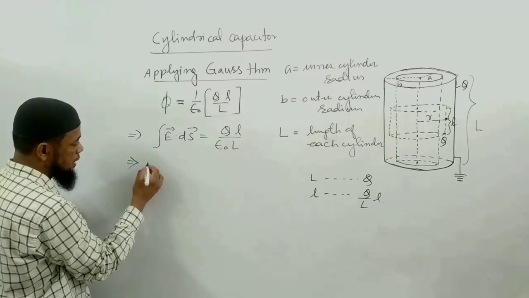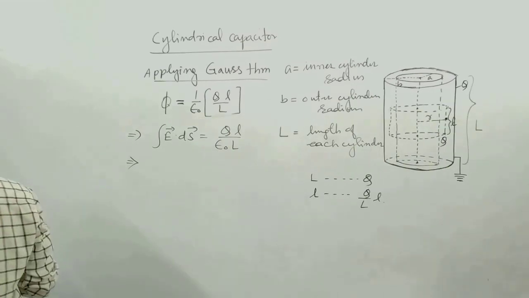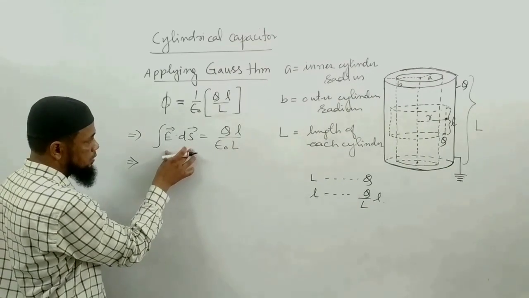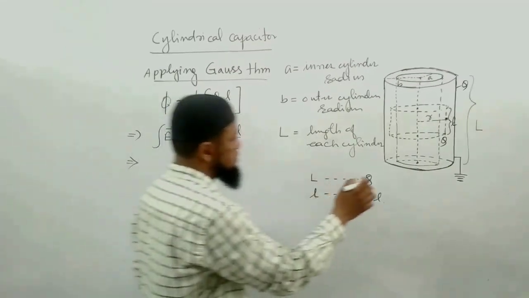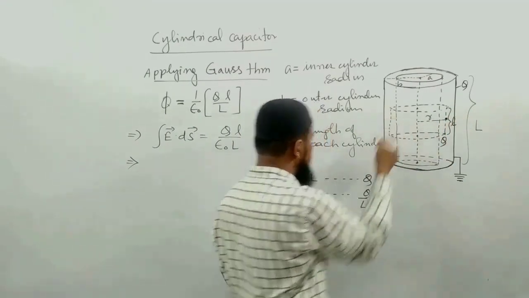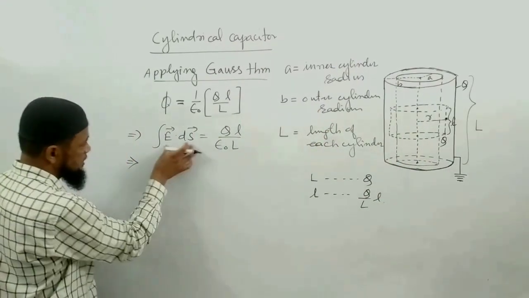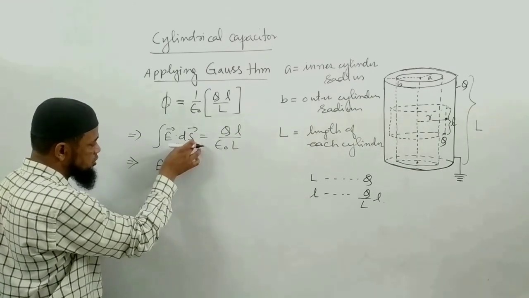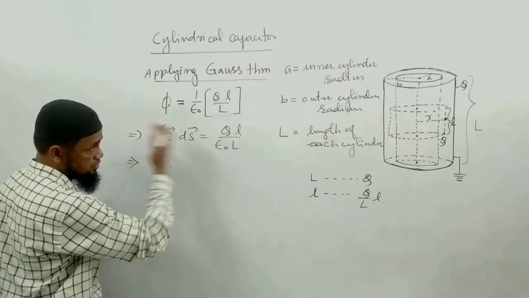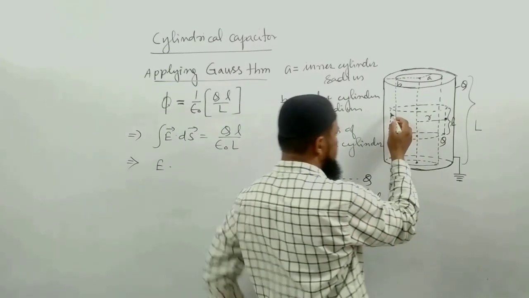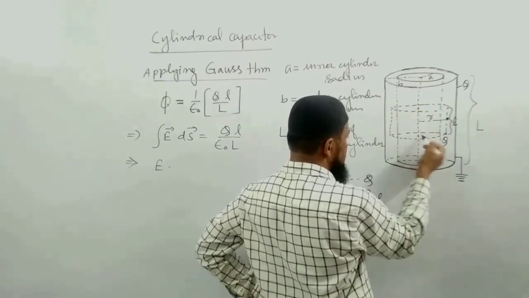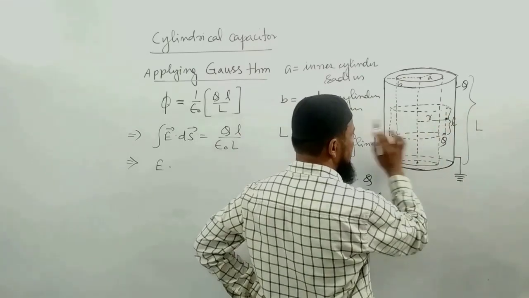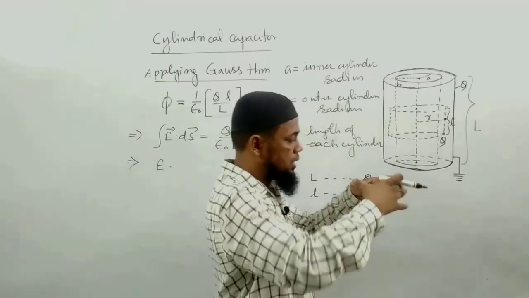Electric field is normal to the surface, so E bar dot ds bar is E ds only. The cylinder has two plane surfaces and a curved cylindrical surface.